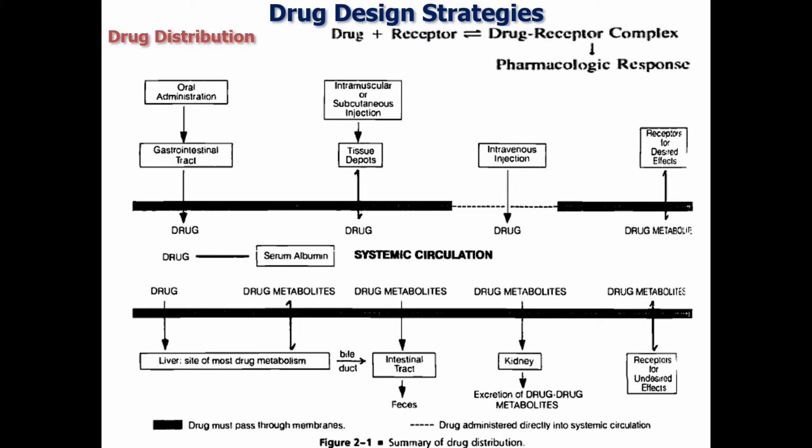At the receptor, drug will bind to the receptor, and the following equation which is up here: drug interacts with the receptor to give drug receptor complex, and this will give the pharmacological response.